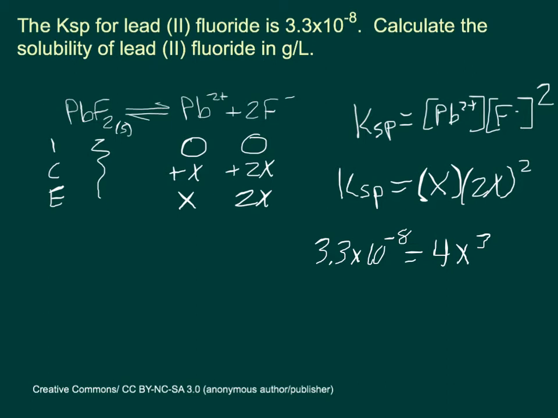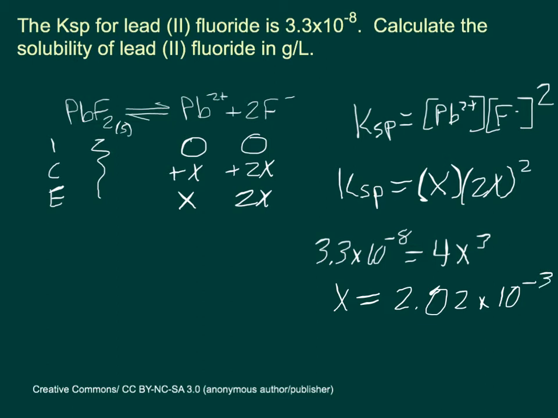Divide that by 4, take the cube root of it, and we'll get that x is equal to 2.02 times 10 to the negative third.